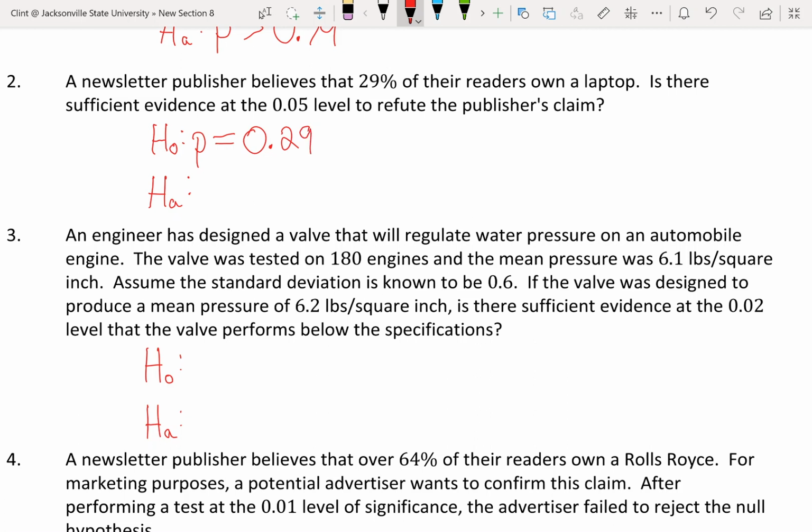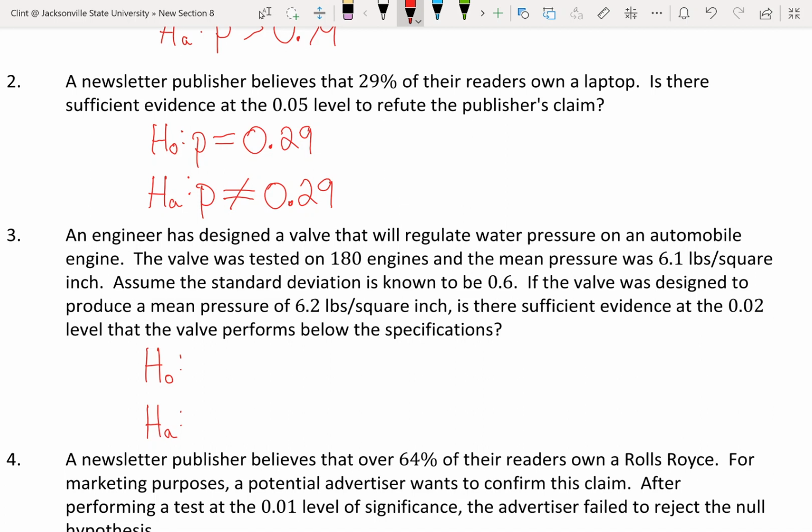Or you could think about the question it's asking: is there sufficient evidence to refute the claim, to say that they're wrong? If they think it equals 29%, but they're wrong, we're refuting that. What does that mean? Our alternative is going to be that P is not equal to, because it doesn't say more, doesn't say less. So it would be not equal to 29% on that one.